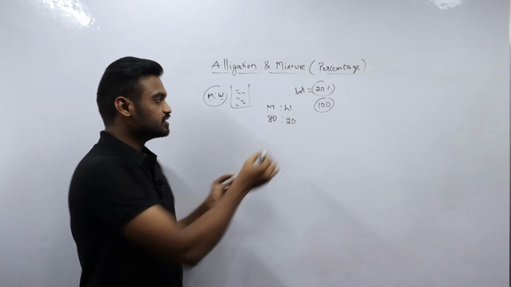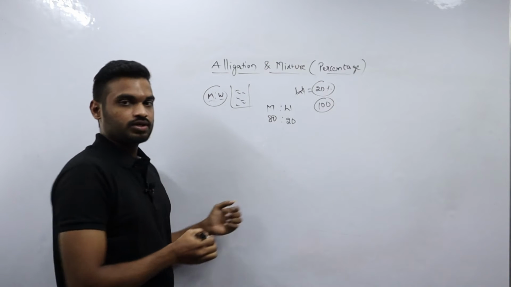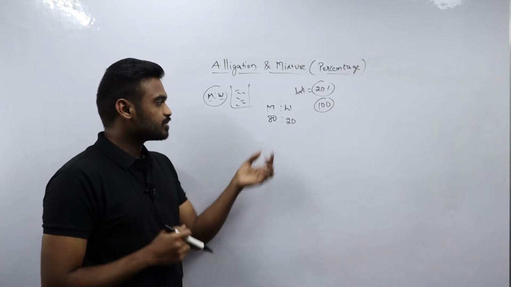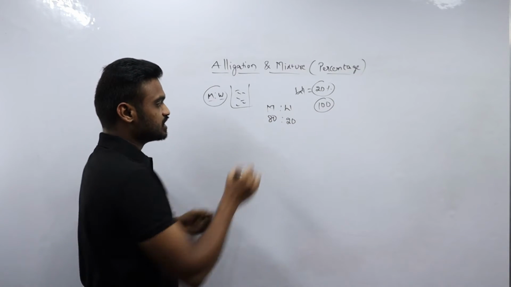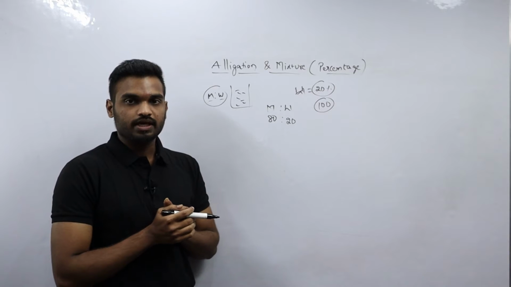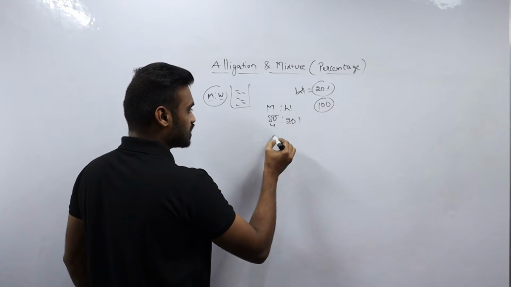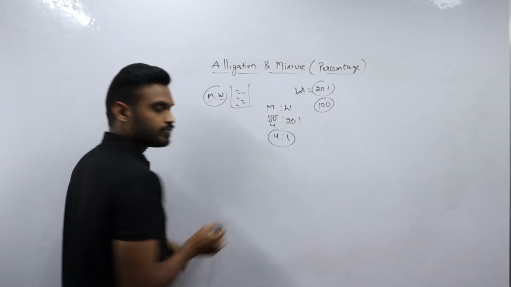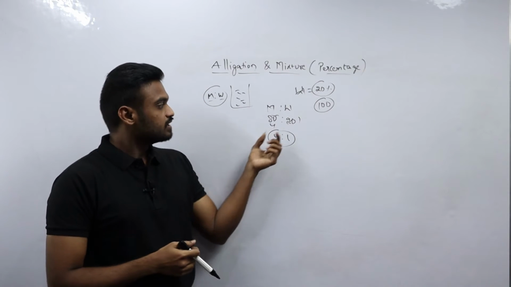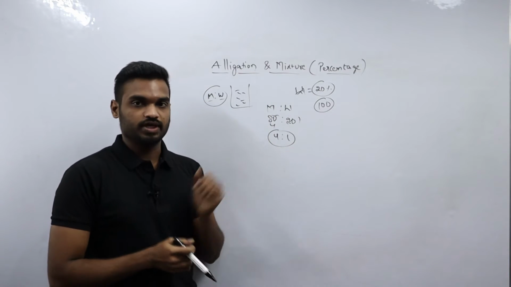Now how can we write 20 and 80 as a ratio? So the milk and water ratio is 4:1.